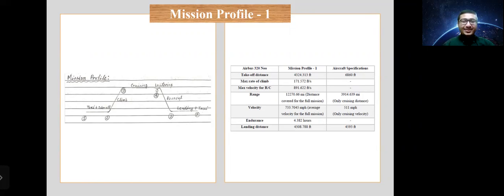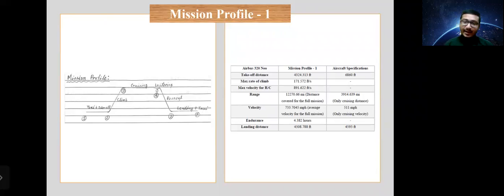But in this one, instead of taking the weight at 3 and weight at 4, I have assumed that the weight at 3 is the takeoff weight and the weight at 4 is the empty weight. So the value I got is the whole distance that will be covered for the mission profile, while the aircraft specifications only show the cruise range.